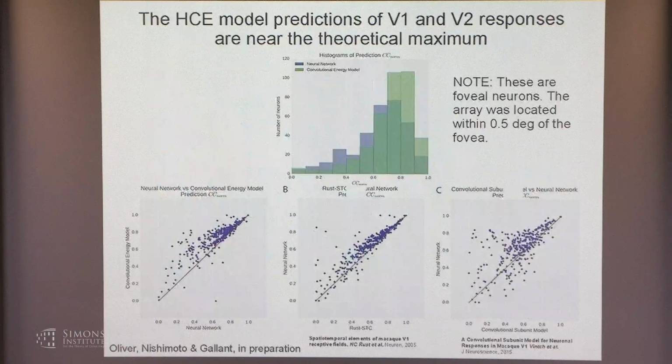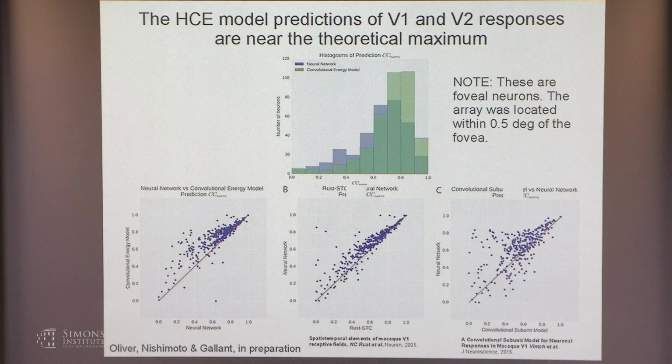Yeah. OK, so these are the results for V1 and V2 mixed. This horizontal axis here is the correlation, which we just used because everybody knows what the correlation is, between the predicted response and the observed response. This is the number of neurons, because this is a histogram. With the traditional models of V1 and V2, if you just have a simple and complex cell model, you'll end up with a big Gaussian blob whose mode is around, say, 0.5.